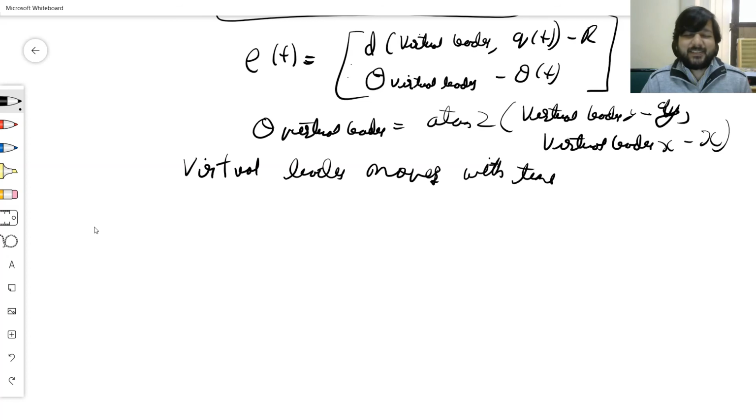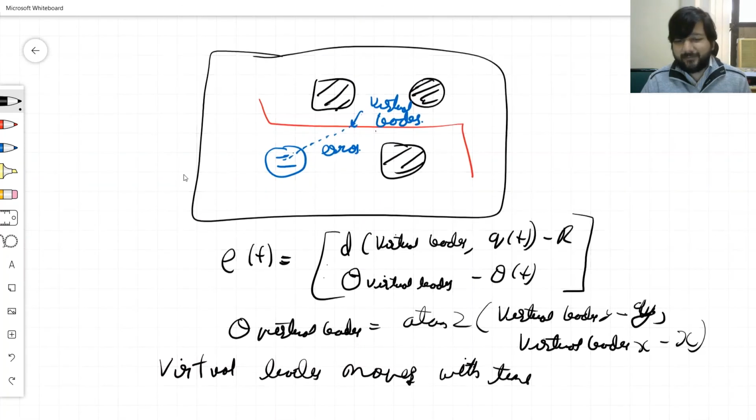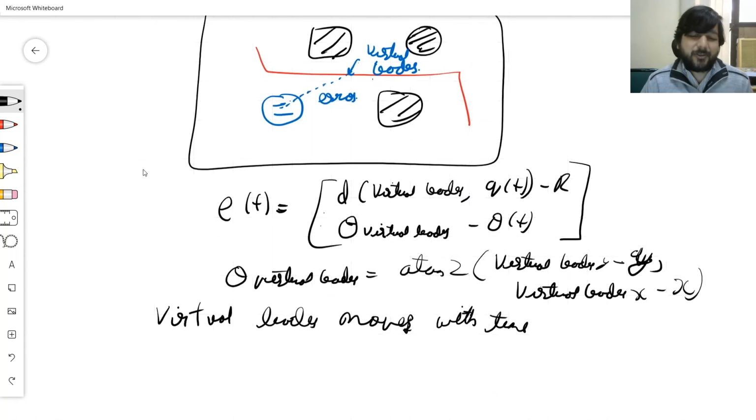Now, again, you don't want to let the distance between the virtual leader and the robot grow very large. So whenever the distance between the virtual leader and the robot goes more than the desired distance, the virtual leader slows or stops. And whenever the virtual leader and the robot have too little distance, then the virtual leader moves faster or travels further.